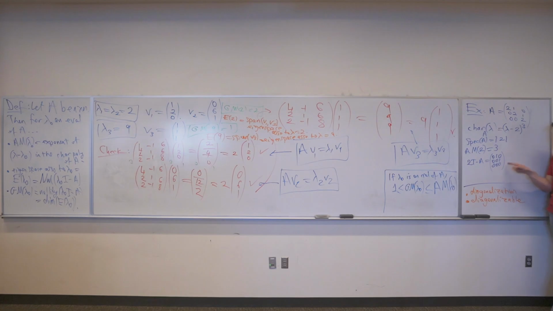You're looking at the null space of this for eigenvectors associated to 2. What are the solutions? Well, x2 has to be 0, x3 has to be 0, x1 is free. So E of 2, the eigenspace associated to the only eigenvalue 2, is nothing but the span of (1, 0, 0). So GM of 2 is 1.